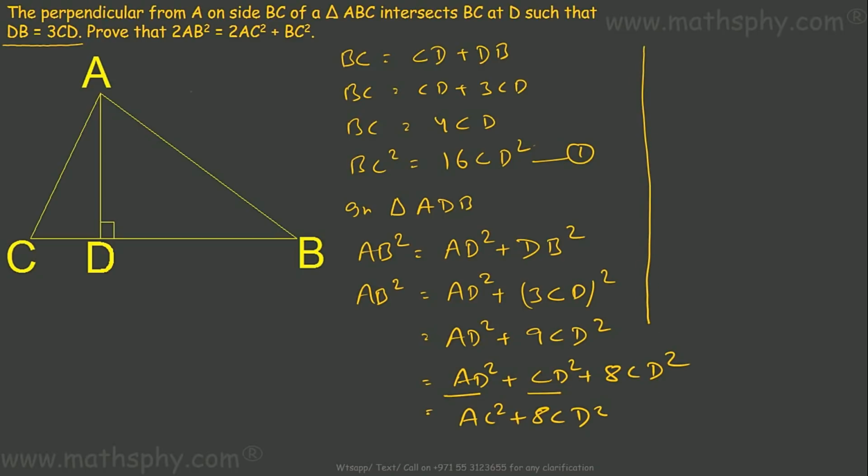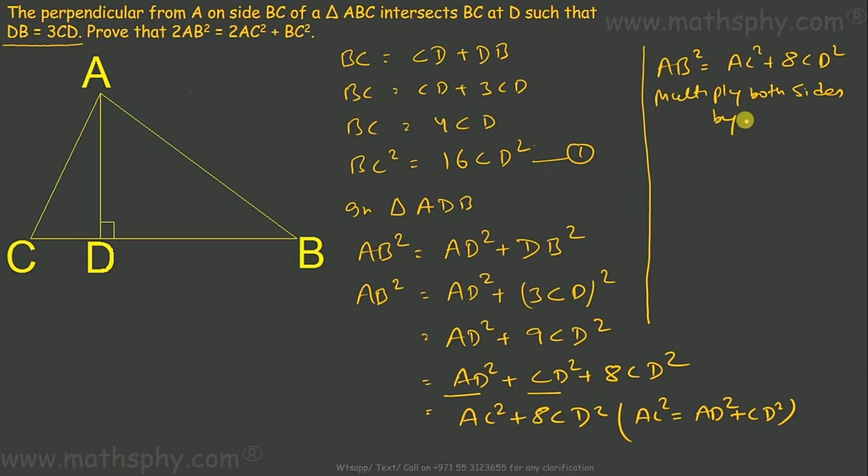I'll write here in brackets, AC square is equal to AD square plus CD square. Now it says AB square is equal to AC square plus 8CD square. Multiply both sides by 2.